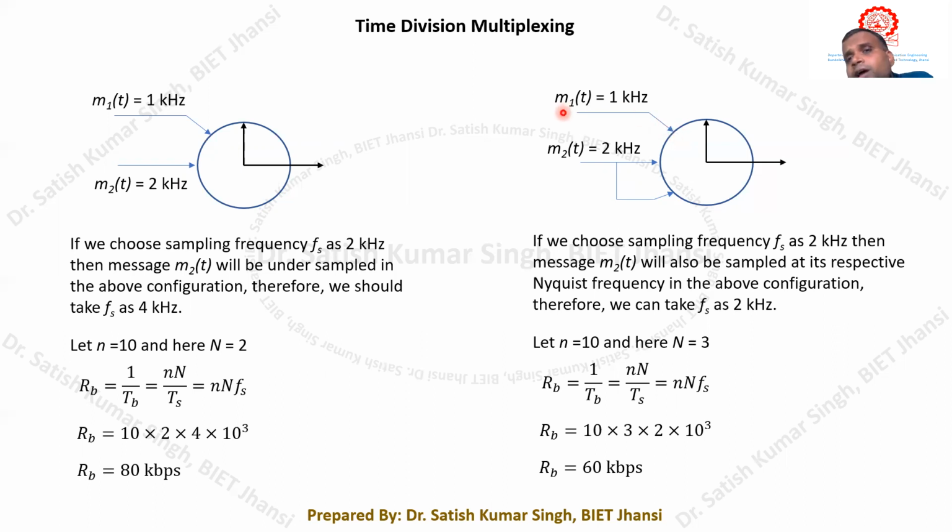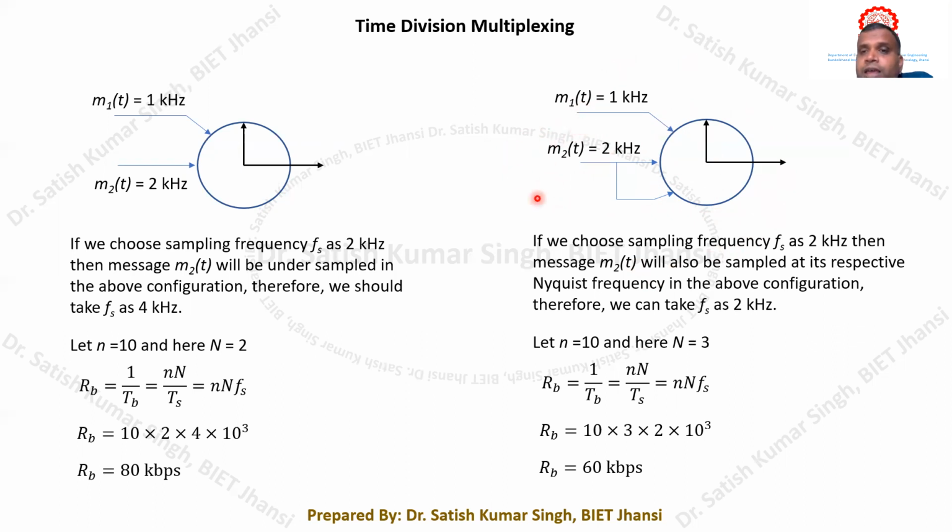So remember, due to the change in this configuration, the way we have connected this message signal M2(t) to this commutator, just by having the sampling frequency Fs equal to 2 kilohertz, we are able to sample the message signal M2(t) at its respective Nyquist frequency, that is equal to 4 kilohertz.